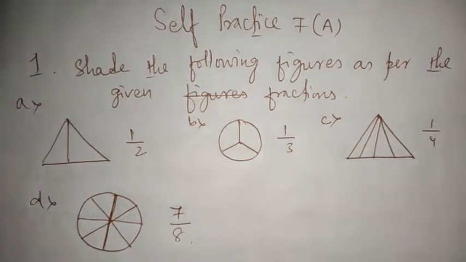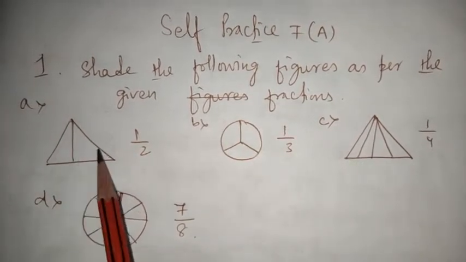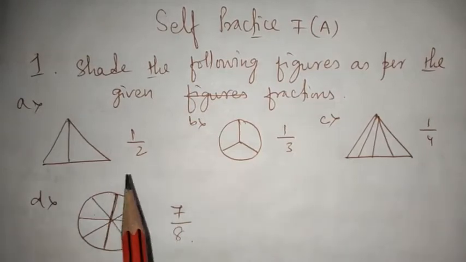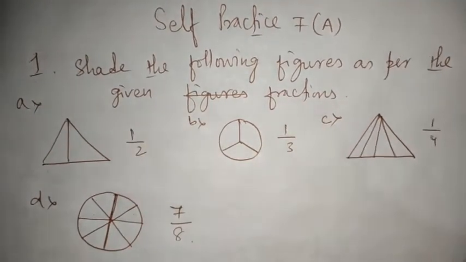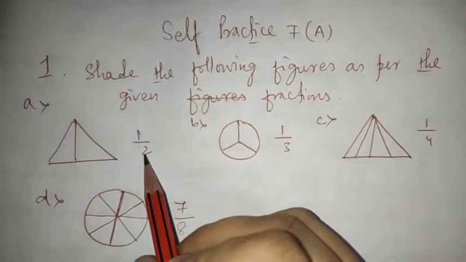Each figure is divided into 2 parts, or 3 parts, or maybe 4 or 8 parts. Now you have to shade, that is, you can color with your color pencil or sketch pen. Okay, so 1/2 is given here.